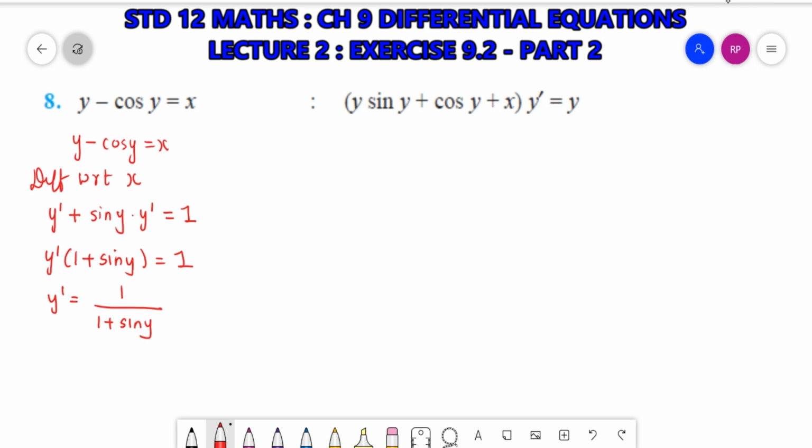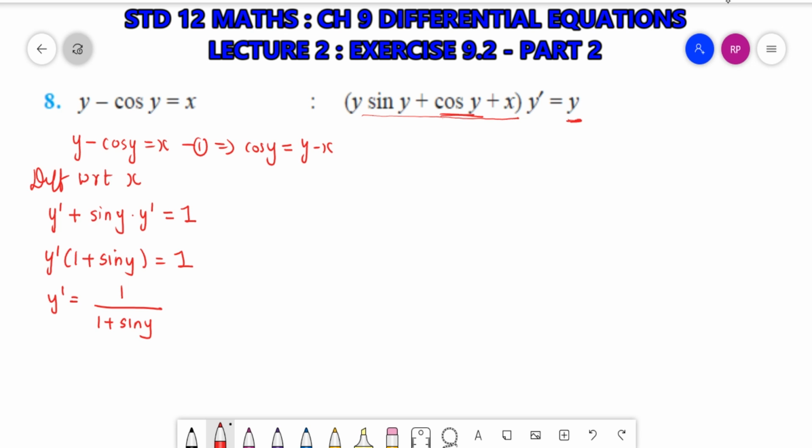But now in the given differential equation, we require to prove this LHS, y sin y plus cos y plus x into y dash, equal to y. Now we need to prove this is equal to y. So what I will do, from equation 1 I can write down cos y is equal to y minus x.